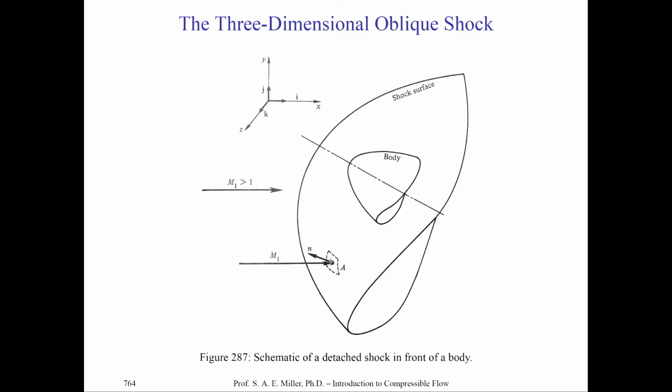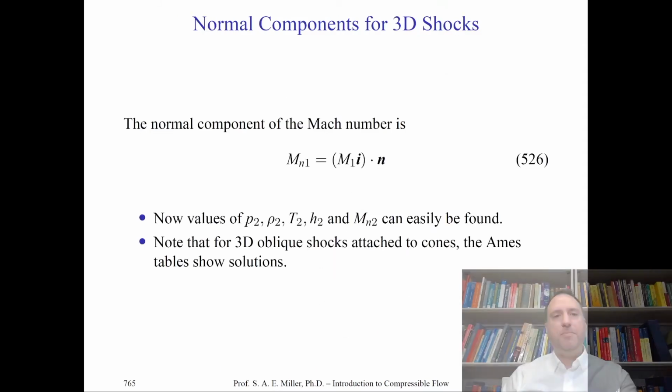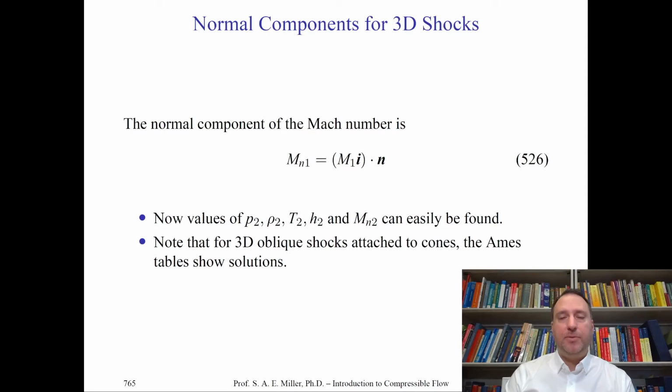This is an approximation, remember, because we developed our theory for different types of shocks, but yet it's going to give us a good approximation. And so from this, we might define the normal Mach number. And we could write that the normal Mach number, Mn1, goes as M1, which is of course in the i direction, dotted with n.